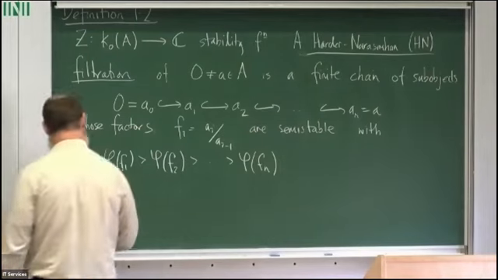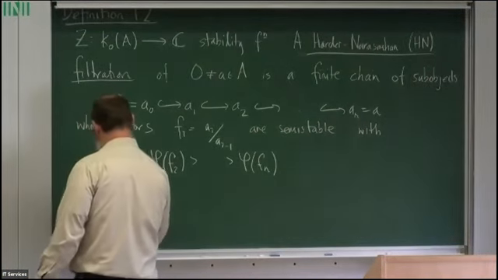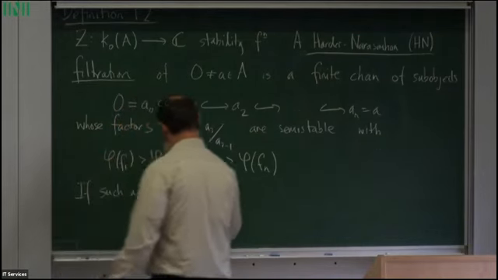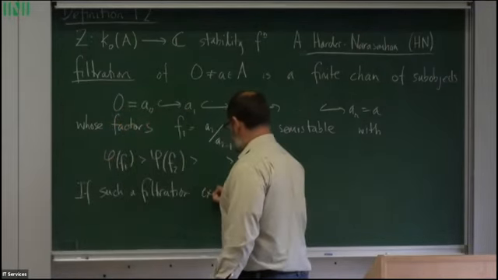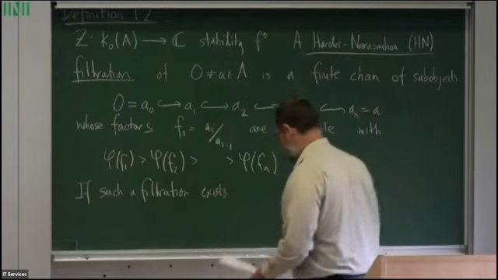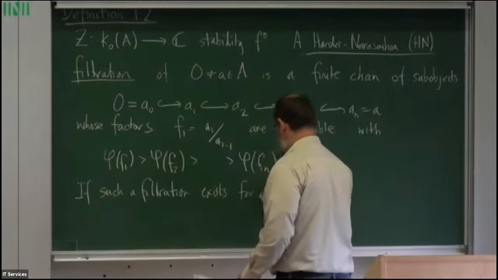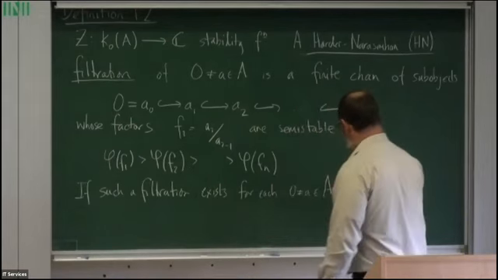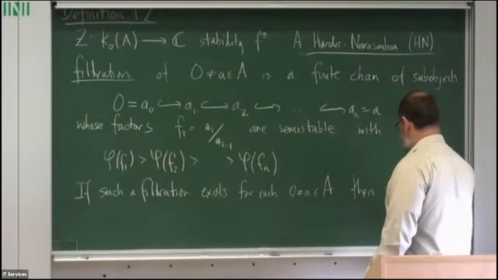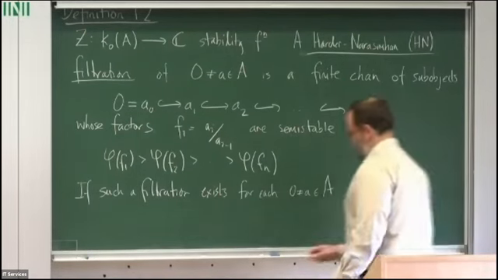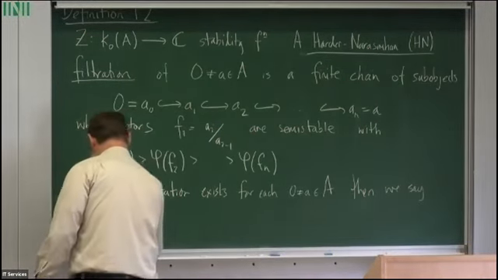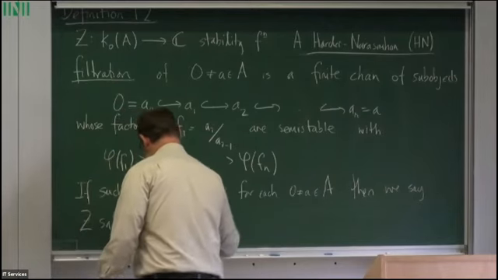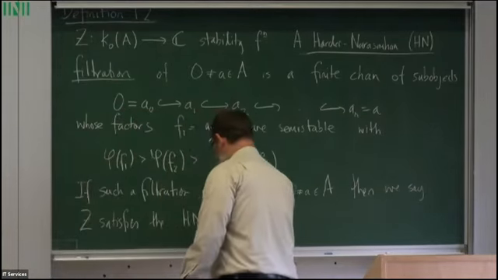So if such a filtration exists for each non-zero object of A, then we say Z satisfies the Harder-Narasimhan property or the HN property.